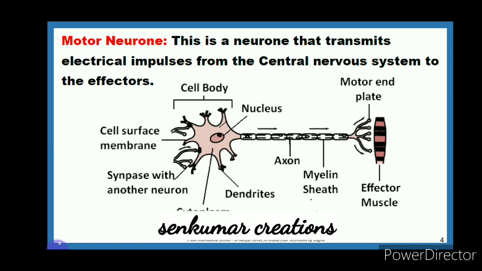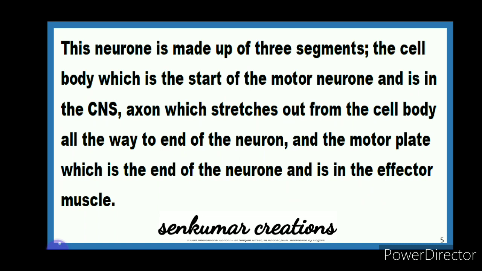And let's see about the function. Another thing: this neuron is made up of three segments, right? The first one is the cell body, which is the shorter part of the motor neuron and is in the central nervous system. The axon stretches out from the cell body all the way to the end of the neuron, and then the motor end plate.